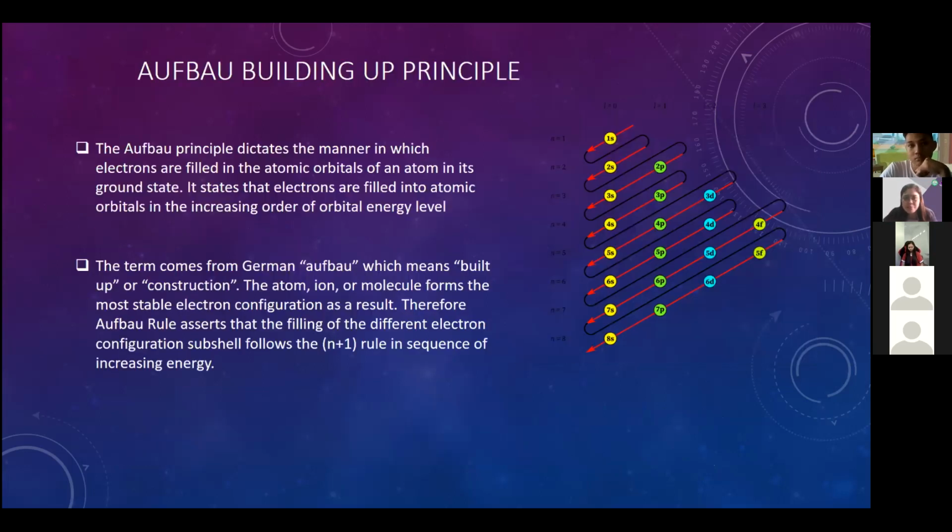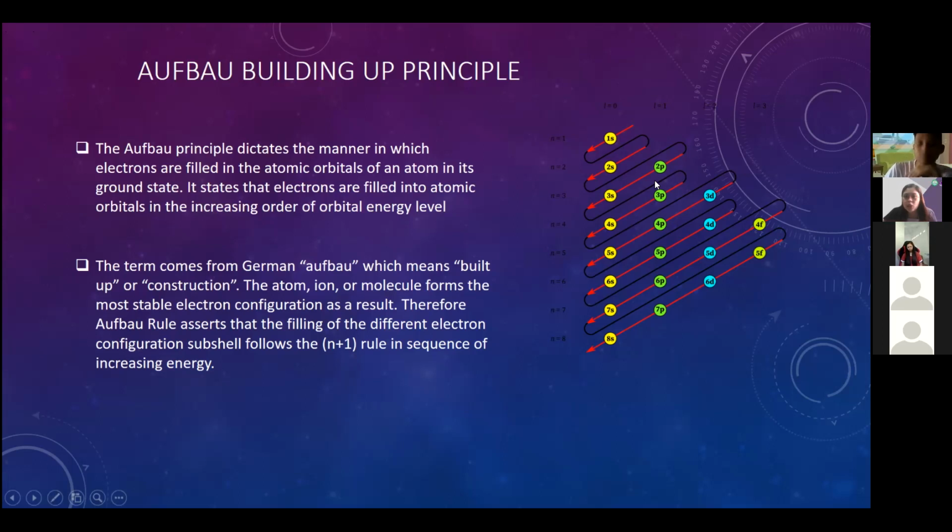Okay, so for the Aufbau building up principle, from the word building up, this pattern that we use for the electron configuration was actually because of this principle. It states that we have to fill in the lower energy shell first before going up.